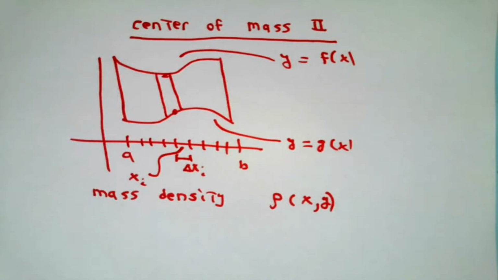Within that subinterval of x numbers, I'll pick a representative x number, which for convenience I'm just going to call x number i. Previously, we've called that c number i, but as we're about to see in a little bit, I'm going to have more than one kind of representative numbers running around. So for emphasis, I'm actually just going to call it x number i.